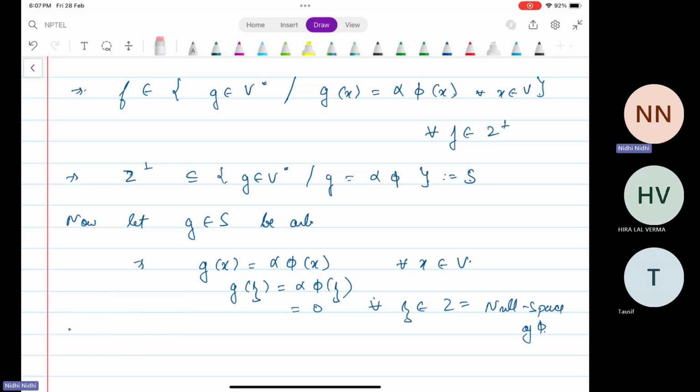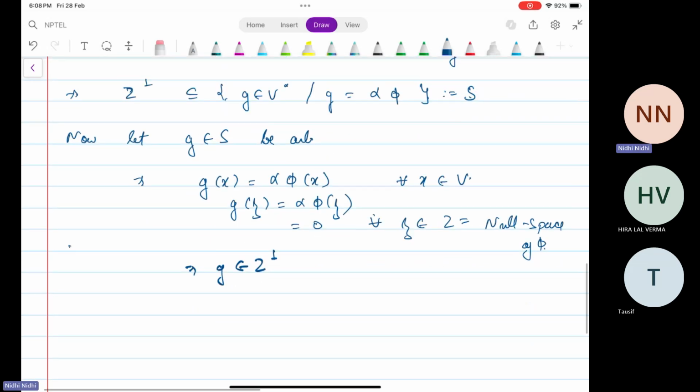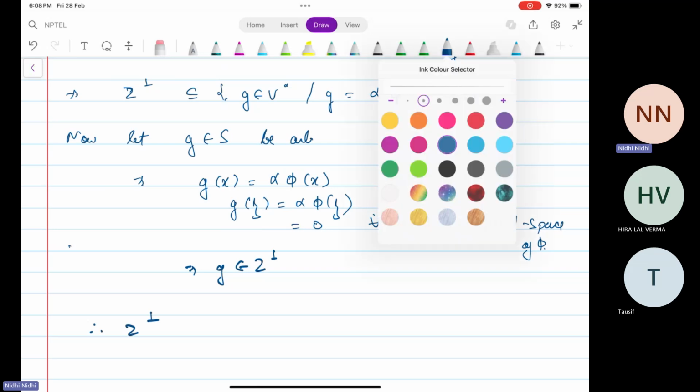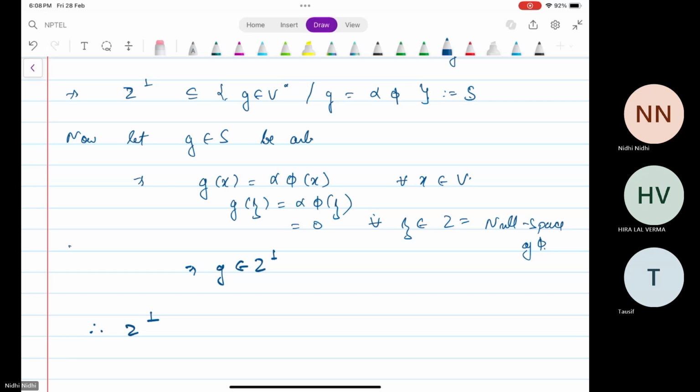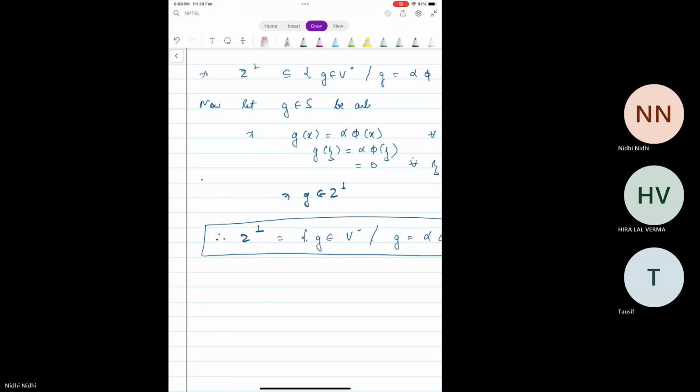So this tells us that G belongs to Z perp, and hence the perpendicular of the null space of phi is equal to the set of all those functionals that are scalar multiples of phi. This is what we need to find.